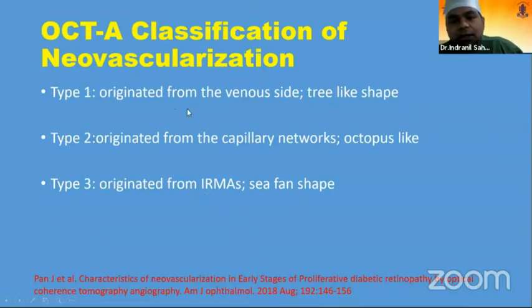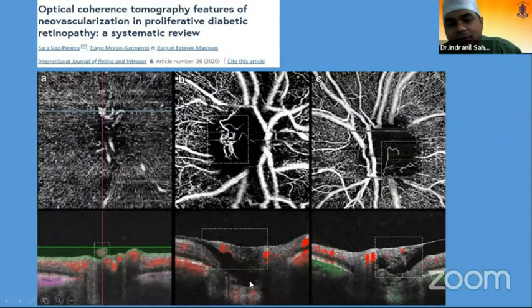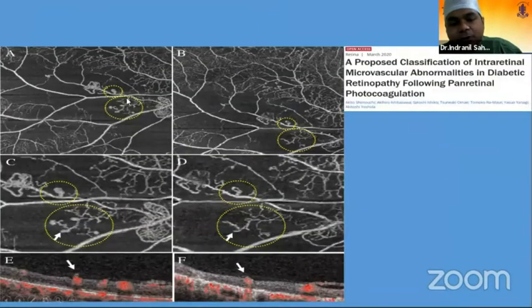This is another display of NVD. As you can see, this is the NFAS showing the neovascularization, active NVD with blood flow areas. Then you can see the pruning, or reduction in the caliber, of the NVD and a reduction in the blood flow areas post-treatment. These are basically IRMAs showing tuft-like projections, a magnified view with a projection above the ILM with the blood flow area.